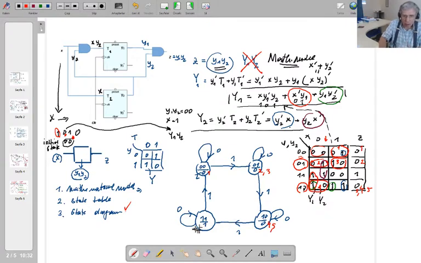So if I apply, let's say, if my present state, initial state, let me change the color. Now let me write it here. Initial state. Assume that this is 1, 0.